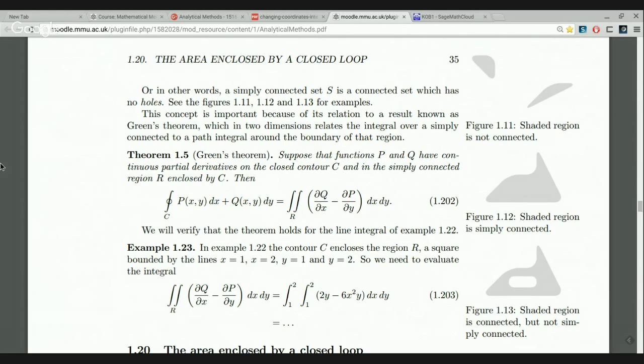But then we also have this notion of being simply connected or non-simply connected. This region down here at the bottom in figure 13 is an example of what we call a non-simply connected region. The region as a whole is connected. It doesn't split apart into separate bits, but the fact it's got this hole in the middle of it.